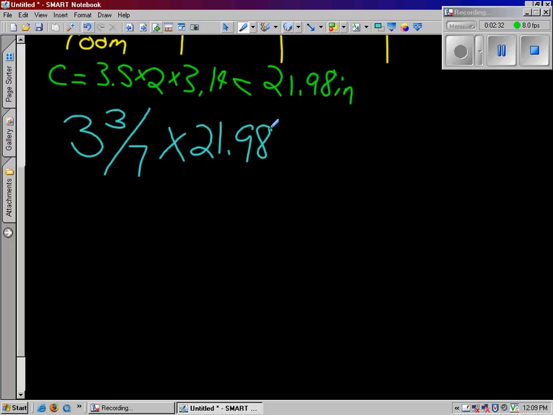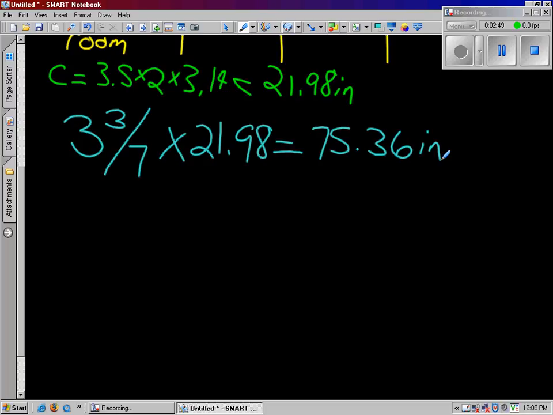And when you multiply those two, you should get 75.36 inches. 75 inches is about 5 feet. So maybe he's measuring like a closet. 75.36 inches in fraction way, right?